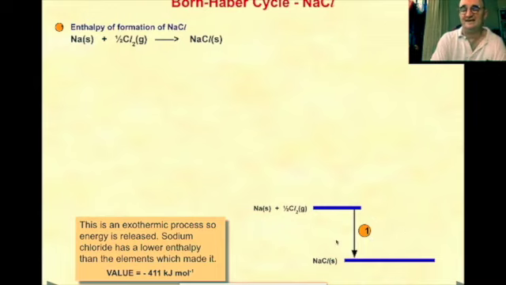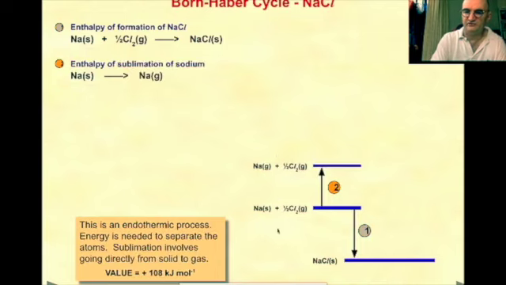Now, we're just using Hess's law principles. Energy difference between reactants and products is independent of the pathway taken. So I've got my Na(s) and my half Cl2(g). And I want to eventually end up at Na+(g) and Cl-(g), because that was the lattice enthalpy definition.